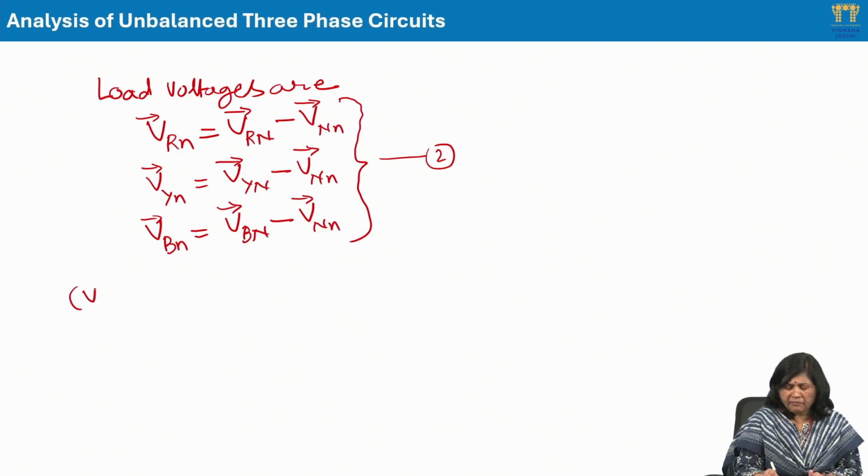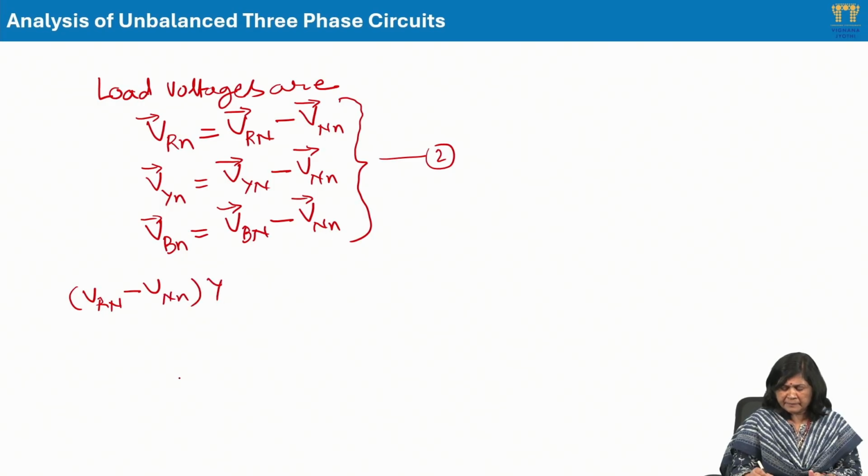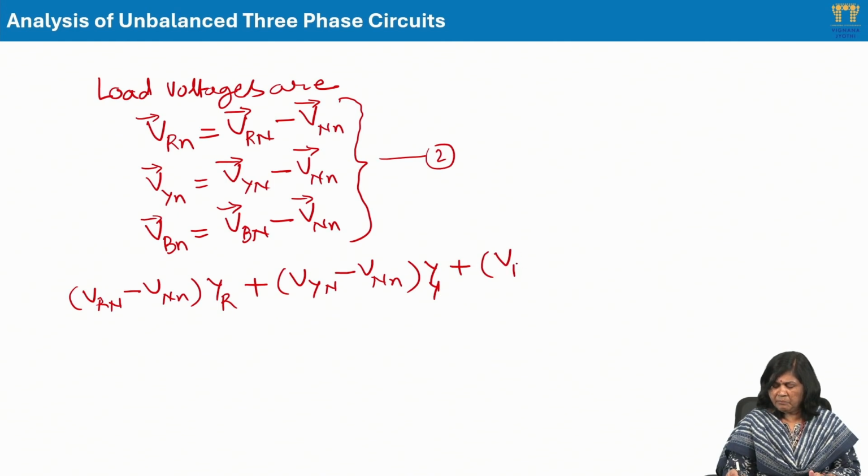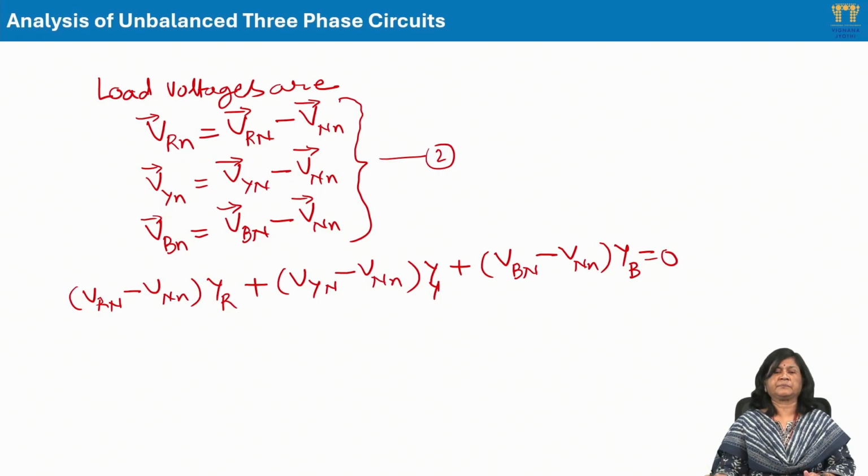We get (VRN minus VNn) into YR plus (VYN minus VNn) into YY plus (VBN minus VNn) into YB is equal to 0.